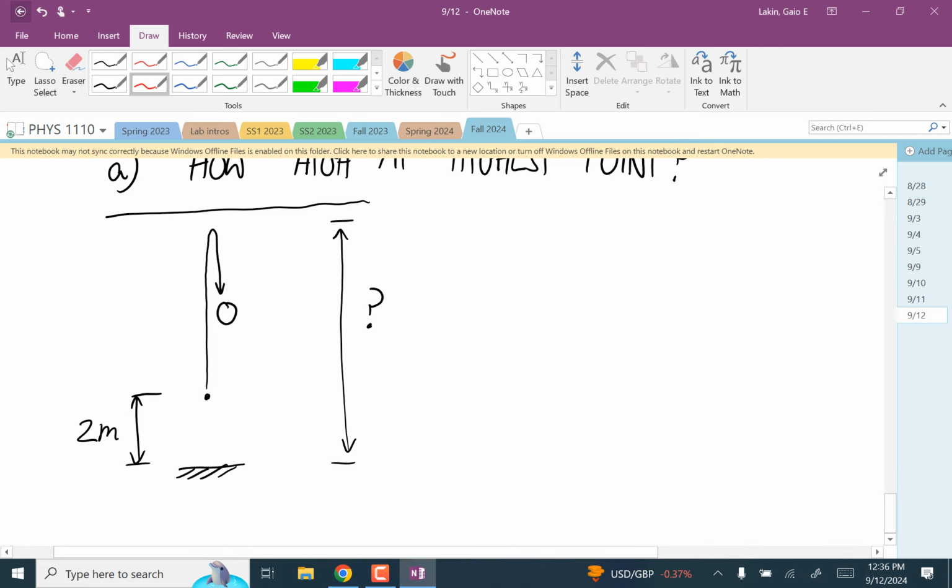We have to start with those 4 choices. I always choose my 0 position at the lowest point that occurs in the problem. So in this case, that's the ground. And I always choose my positive direction to be up, negative to be down on these one-dimensional free fall problems.